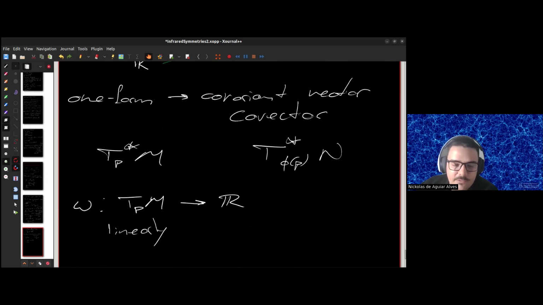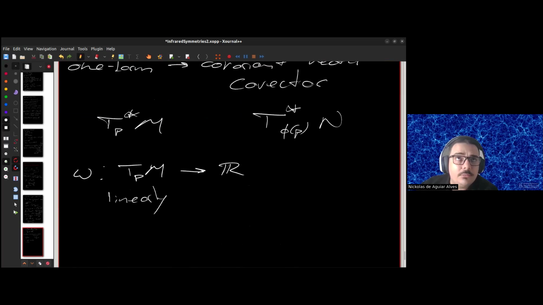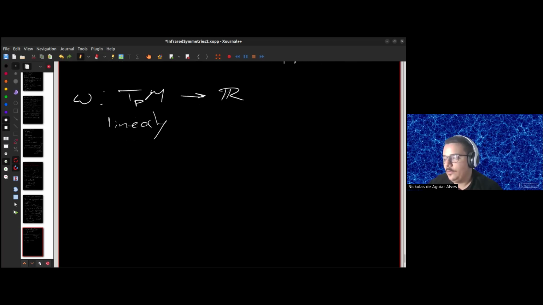Linear in the functions, I mean. So what I meant is that derivations are not enough. You actually need linearity too. So you get this definition here for one forms or covectors.